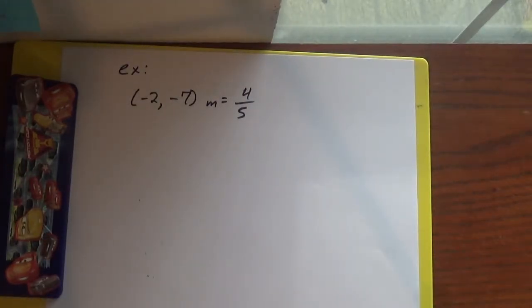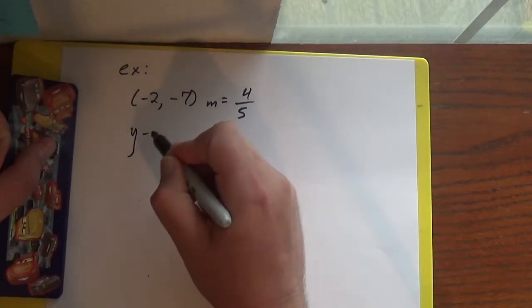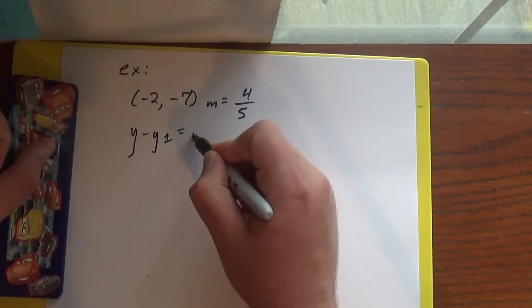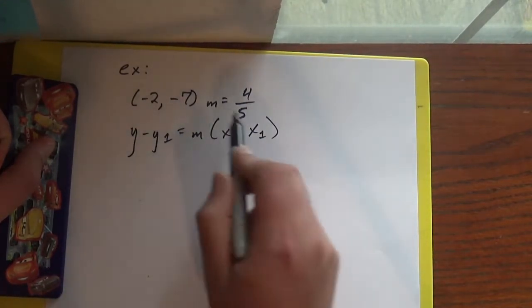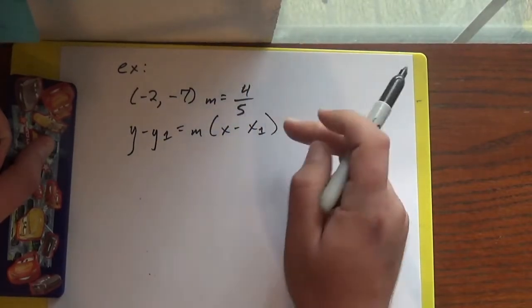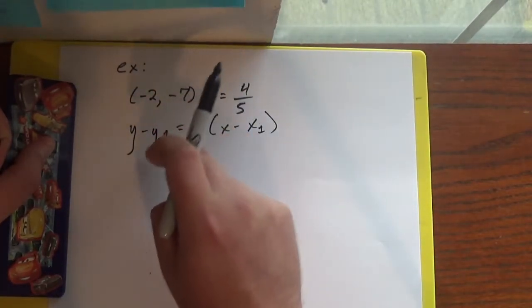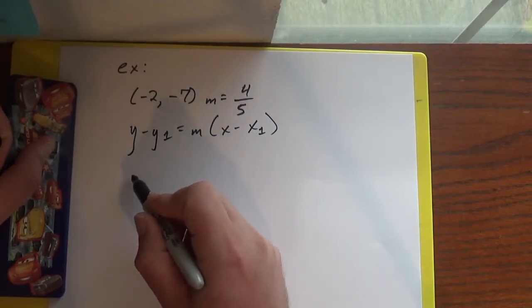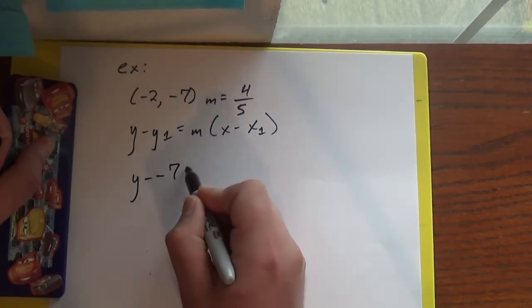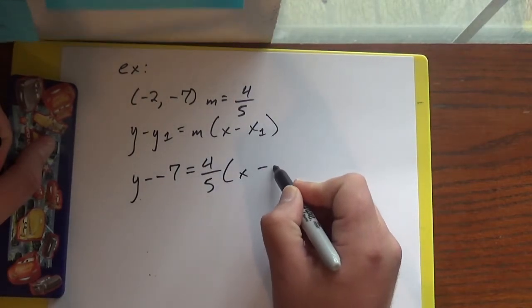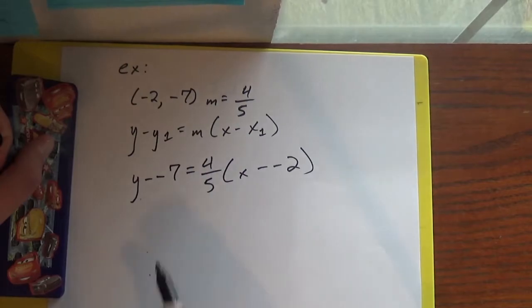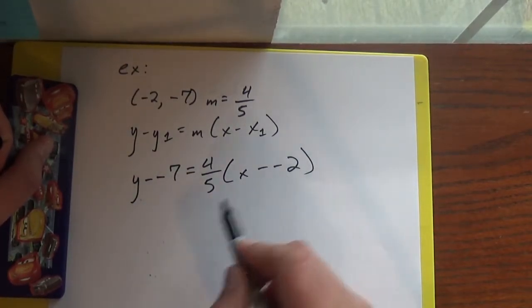Here's another one. So I'm going to write my equation. And I'm going to plug all my stuff in. So my slope goes here, my x1 goes there, my y1 goes there. Now, I've got negatives here, negative, negative, cancel out.